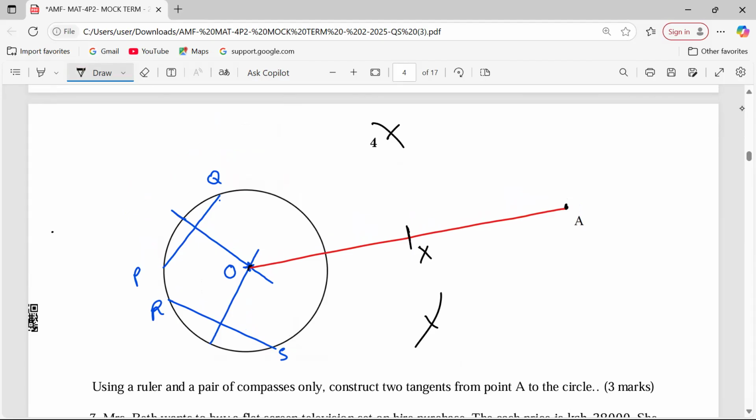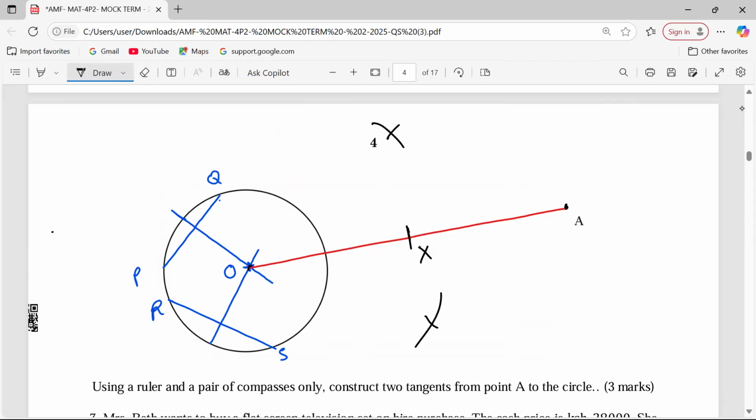With middle point X, the midpoint of OA, we need to stand at that point and use an arc whose length is OX.